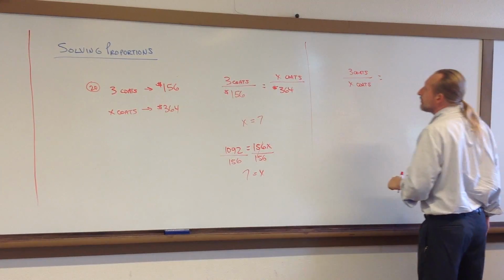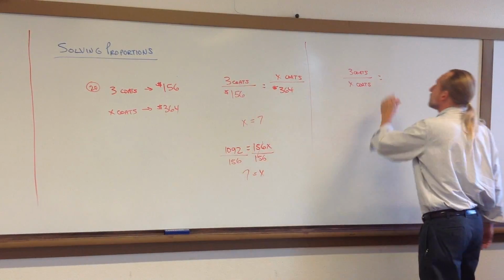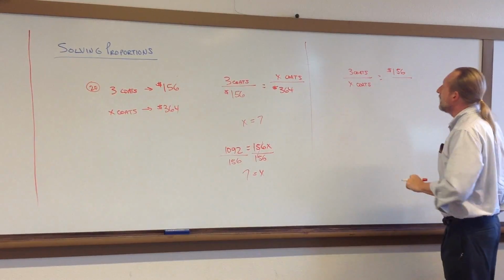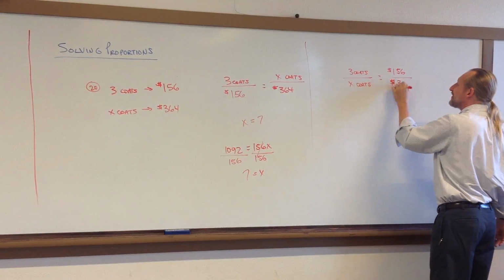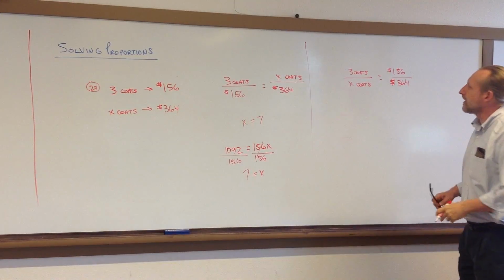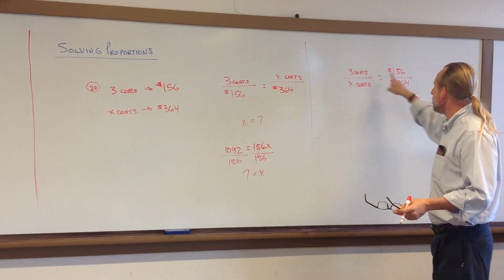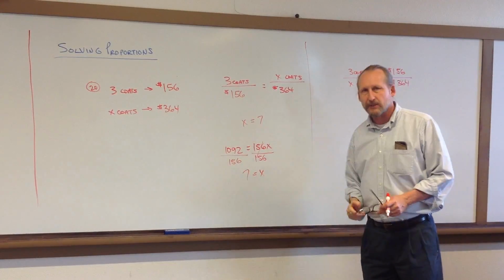And then you want the price for those 3 coats, $156, matched up with its position in the proportion. And then we don't know, oh yeah, we do know. The x coats is going to be $364. And you can see you get the same rule of 3 calculation. 3 times 364 divided by 156. We'll still get 7 out of this.